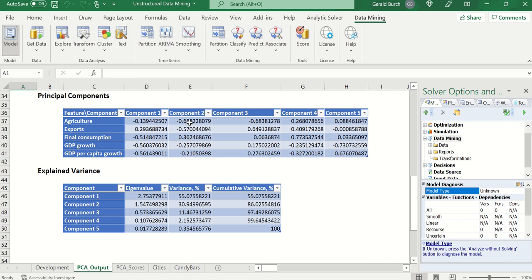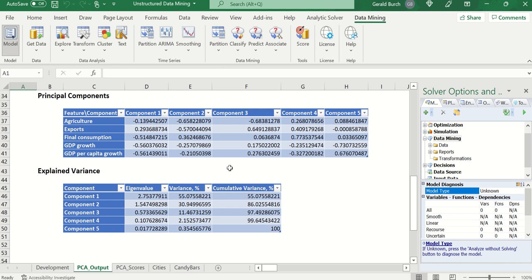Component 2 is most associated with agriculture at minus 0.658, with exports at minus 0.570, and with final consumption at 0.362. Again, the very first component was more concerned with these three variables. The second component is more concerned with these three variables.